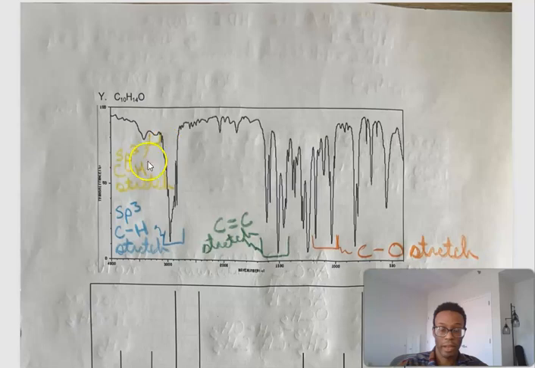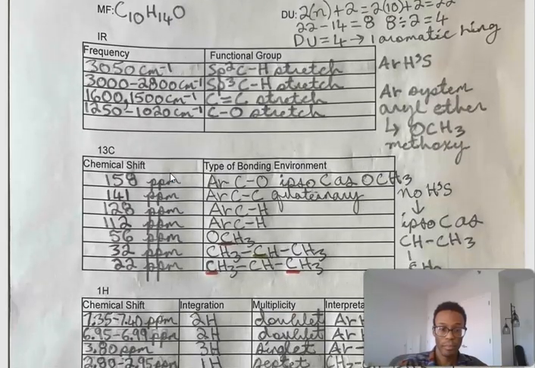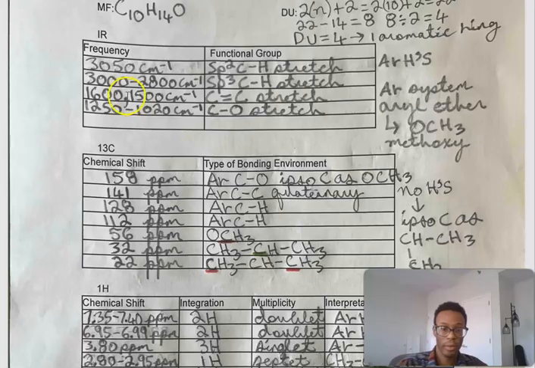Next, we'll take a look at the IR spectrum and its key absorptions. The key absorptions present include 3050 inverse centimeters, which are representative of sp2 carbon-hydrogen stretches and can be seen as aromatic hydrogens.